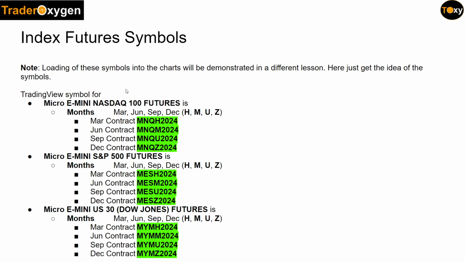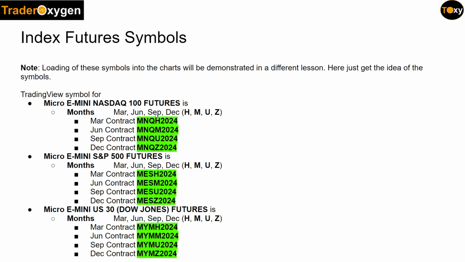So usually you trade the most immediate contract that is due to expire. For example, if you are in January, you will be trading the March contracts. Let's say you are in August 2024, then your choice is to trade the September contracts, because June has expired by then.